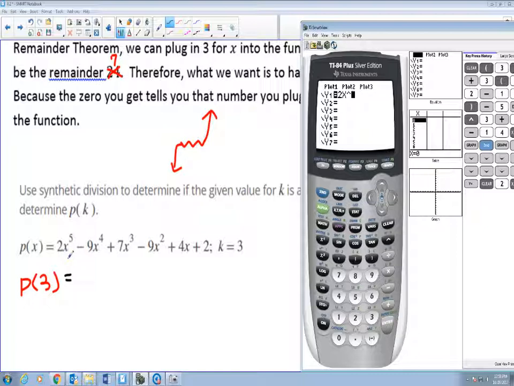Rather than substitute 3, I'm gonna just go to my table in a minute to see what the y value is, because the y value will also represent the remainder. 7x to the fifth minus 7x to the third minus 9x squared plus 4x plus 2.